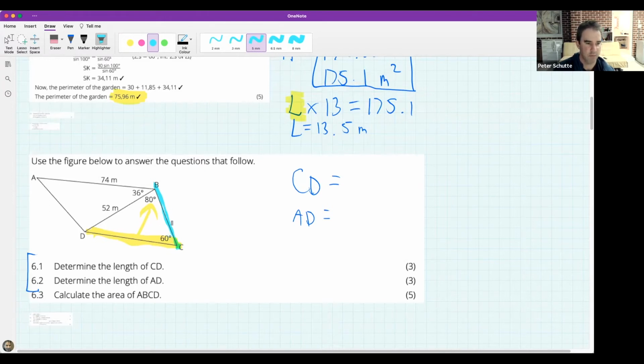Oh, but I don't need that one. What am I doing? I'm probably going to need this one over here. Yeah. And so I can use the sine rule to help me find CD like that.